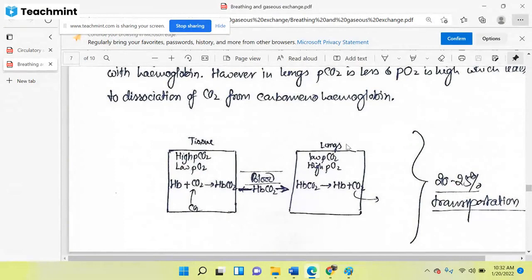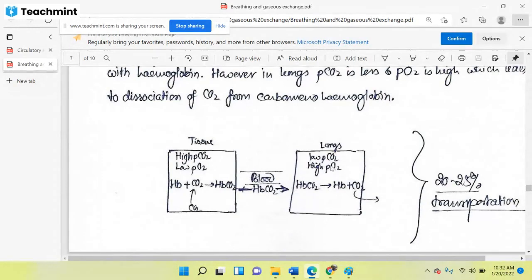It reaches the alveoli part of the lung, and there the carbaminohemoglobin dissociates and releases carbon dioxide. When the hemoglobin releases carbon dioxide, it becomes free in the alveoli. How does the same hemoglobin bind with the carbon dioxide in one place and release it in another?